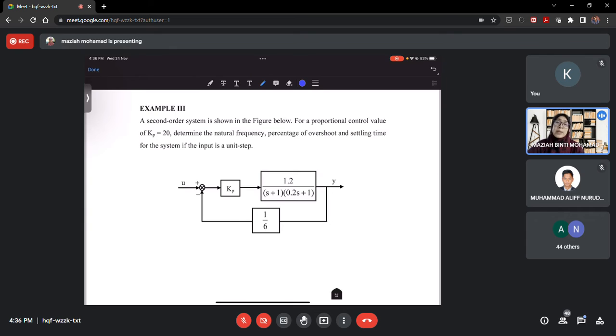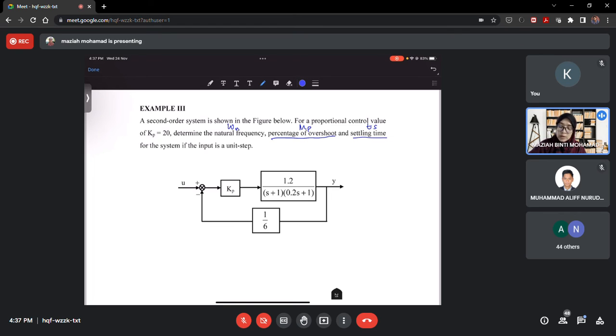From the transfer function, you're going to determine the parameters K, zeta, and omega n, and then from the parameters, calculate the percentage of overshoot and settling time. Of course, you need to determine zeta and omega n because all the parameters will require the value of zeta also.